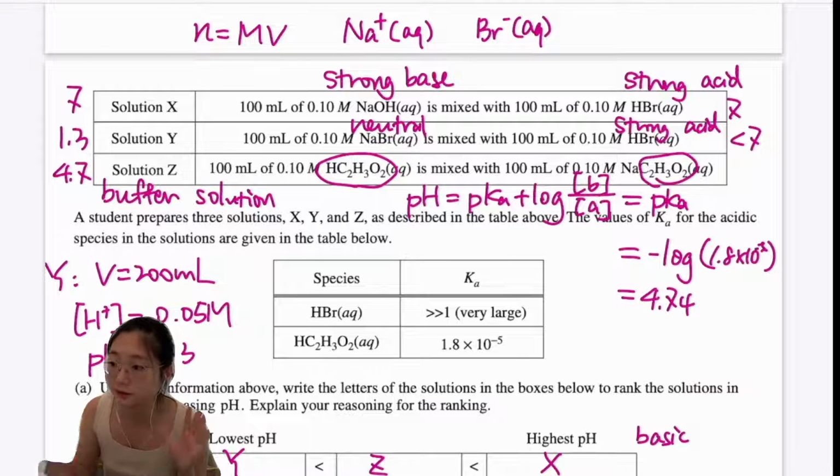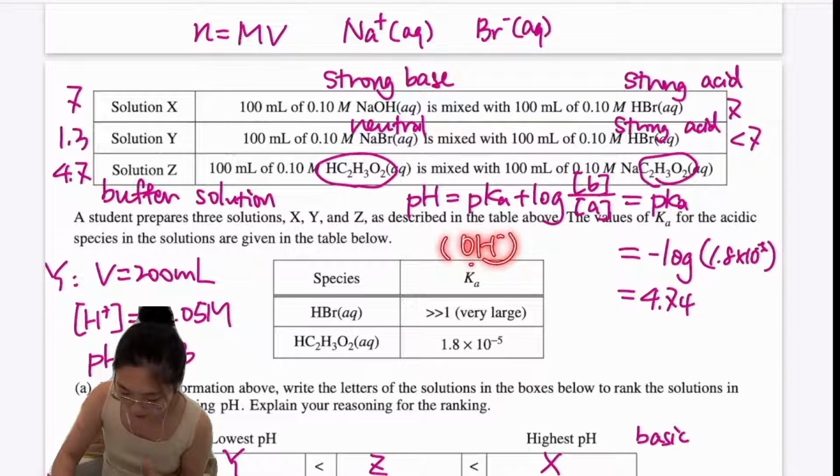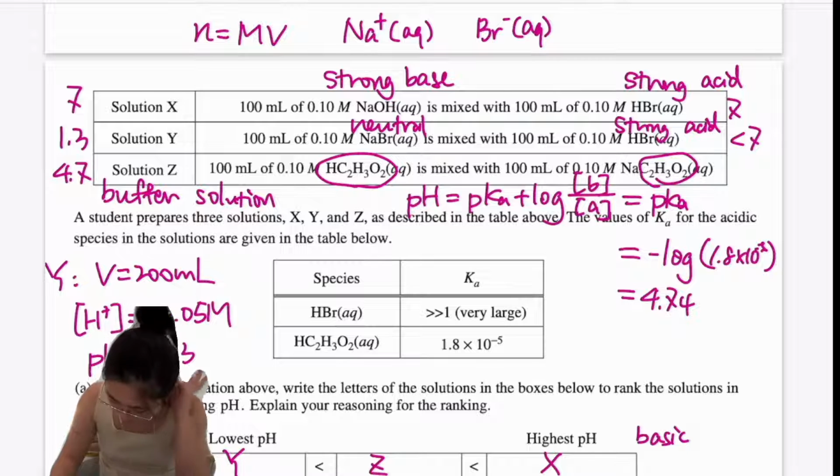A buffer solution can resist a change in pH when a strong base or a strong acid is added, because when a strong base is added, such as in this question, the hydroxide will immediately react with the weak acid. So hydroxide is immediately consumed, which means it does not affect the pH value as much as when you add hydroxide to non-buffer solutions.